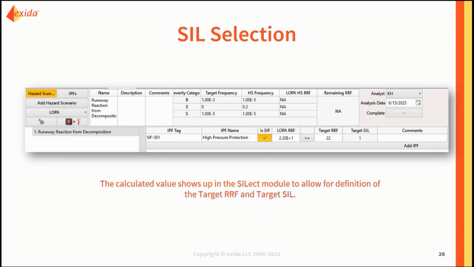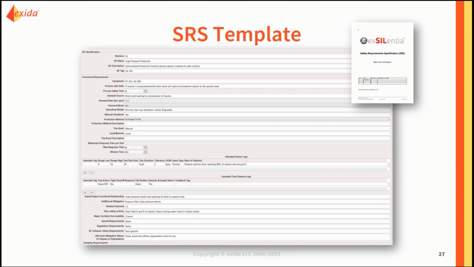These integrity requirements are going to be included in the SRS when you move over to that module, as well as the demand rate calculated based off of your LOPA analysis. In the SRS, you basically have a template that has a field for every requirement called out by IEC 61511 to be included in the SRS document to communicate to the design team how the SIF needs to be modeled.